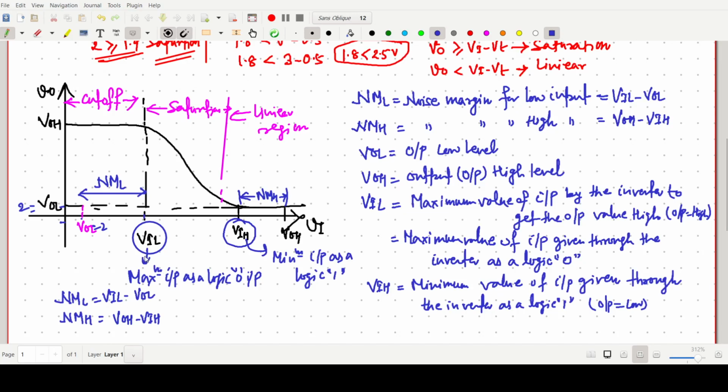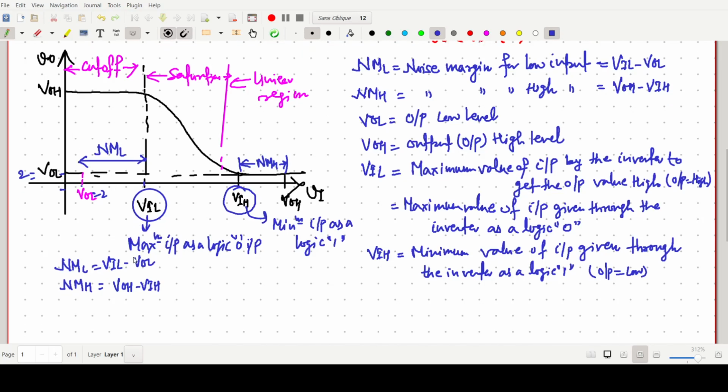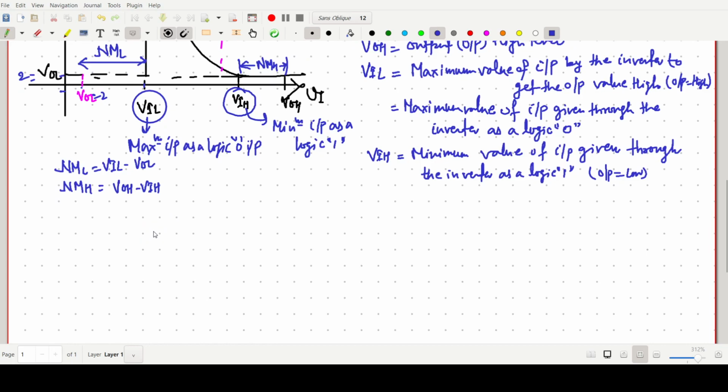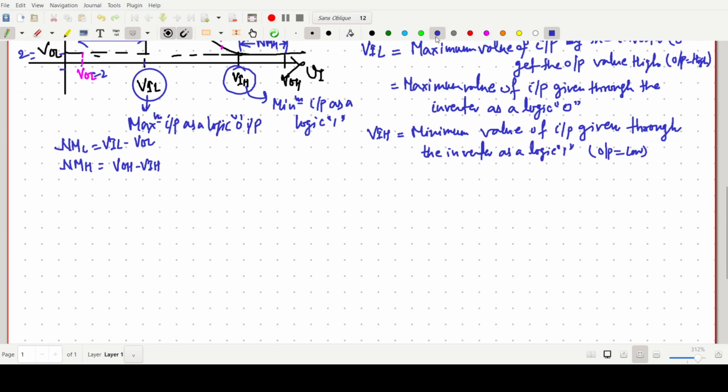To understand this concept, we can follow one example for the noise margin. I'm taking this concept from the Sedra Smith book.